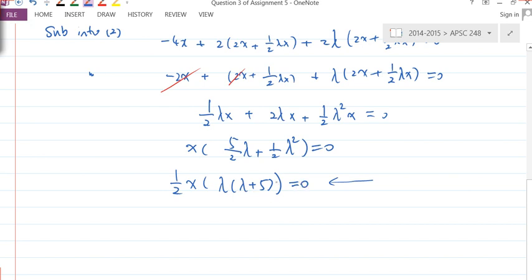So x times lambda times (lambda plus 5) equal to 0 means x equal to 0, or lambda equal to 0, or lambda equal to negative 5.